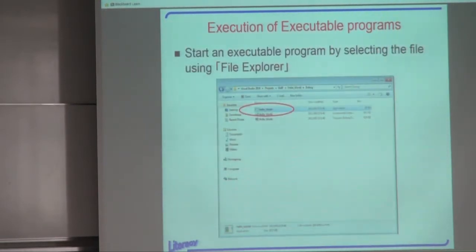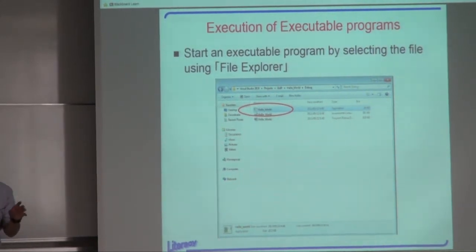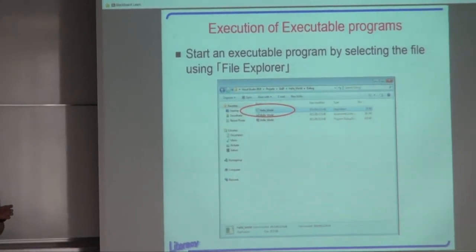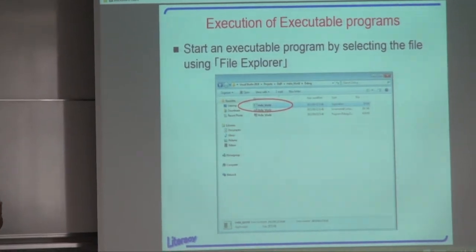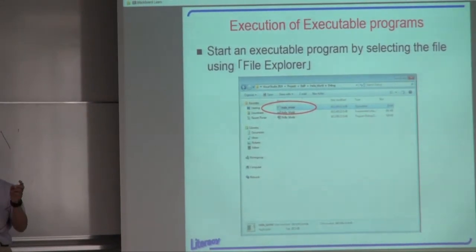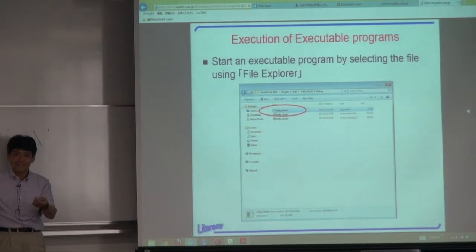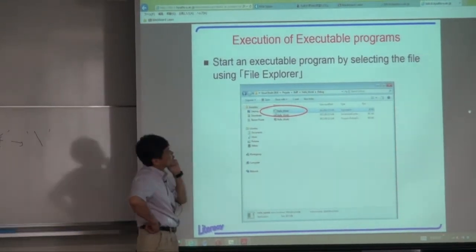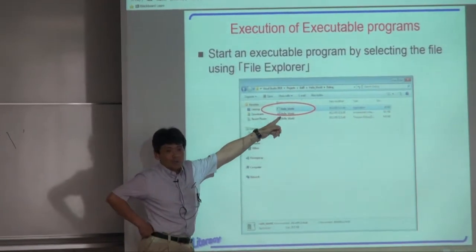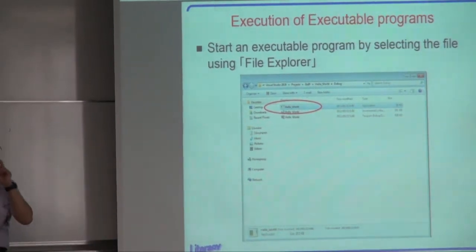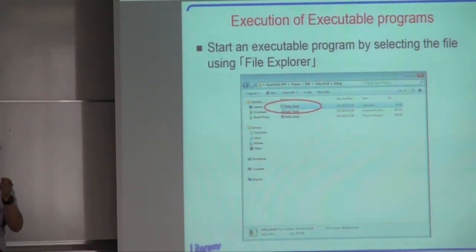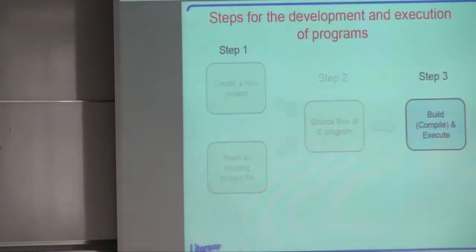So next page, your executable program exists in your file system. First, you have to look for such executable programs. Usually, the executable program is in the directory folder specified by the first settings.